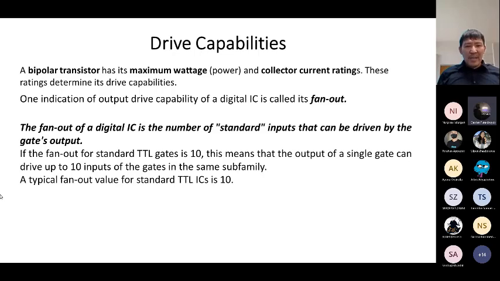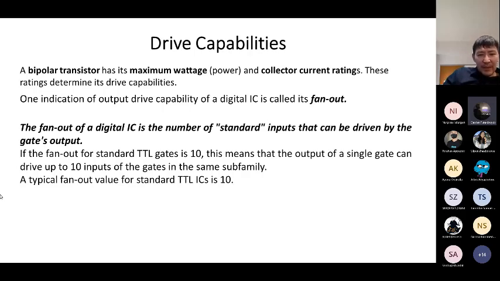It means that we have an inverter with fan out 10, so we can connect to its output 10 other inverters of the same family, and the drive capability should be enough for this one inverter to power 10 other inverters.